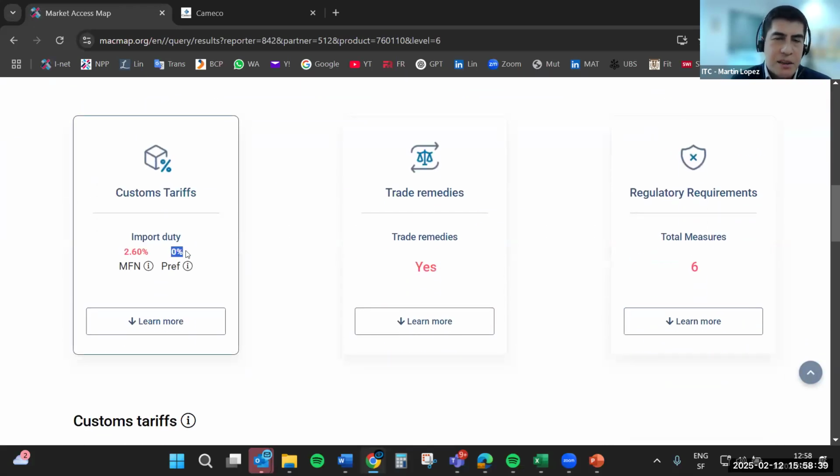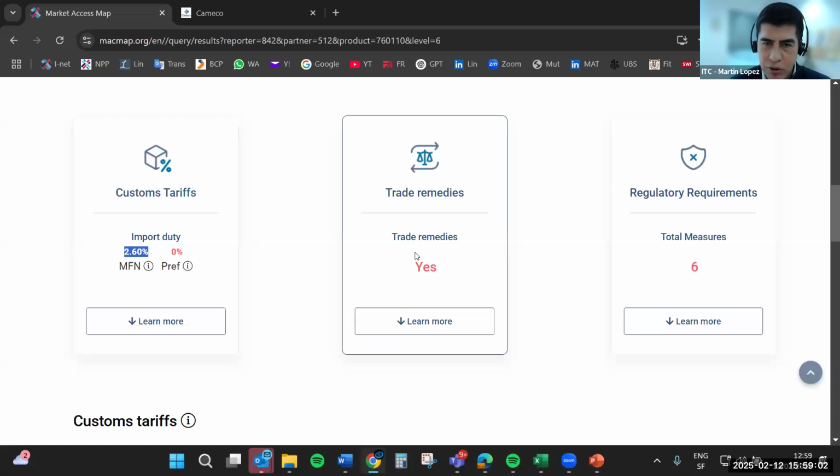There is a preferential tariff rate for Oman. I presume this is linked to the bilateral free trade agreement between USA and Oman, while the rest of countries of the world might have to pay 2.6% in the absence of their own trade agreement.